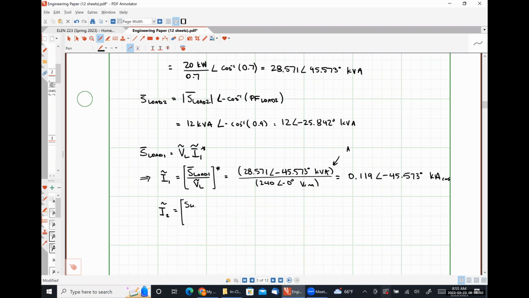That's going to be the conjugate of S load 2 over VL, which is going to look like 12 angle positive 25.842 degrees kilovolt ampere divided by that same 240 angle -0 degrees volts RMS.